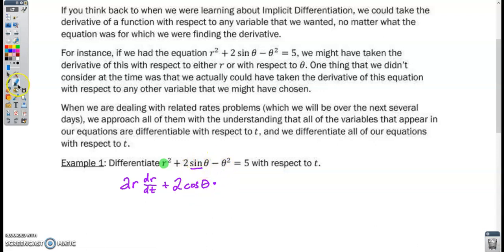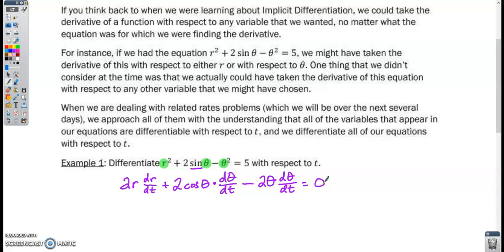In this case, the inside is theta, so I take the derivative of that with respect to t. That gives me d theta dt. And then I'm subtracting away the derivative of theta squared: derivative of the outside, leaving the inside the same, times the derivative of the inside, theta, with respect to t. And of course the derivative of 5, since it's a constant, is 0. And that's what it looks like if I take the derivative of that function with respect to t.